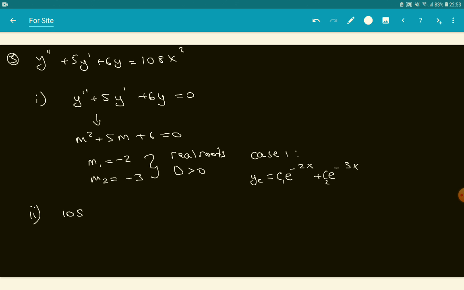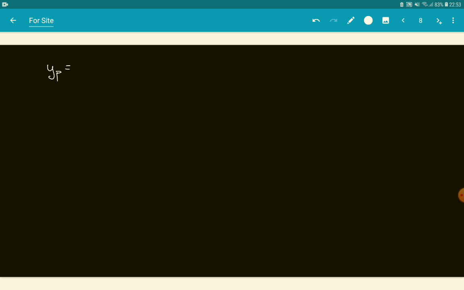On the second part, the right side is 108x squared, so yp is going to be ax squared plus bx plus c. Let's write it on the other page. yp will be equal to ax squared plus bx plus c, y prime p will be 2ax plus b, and y double prime p will be 2a.